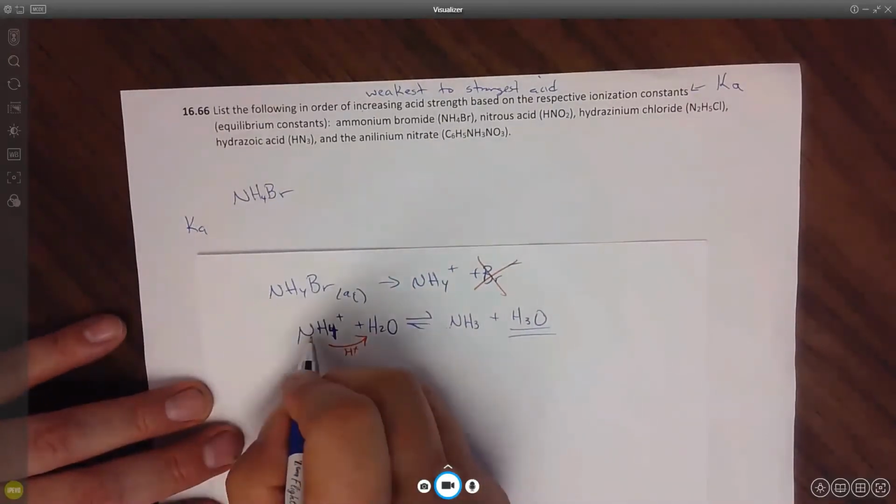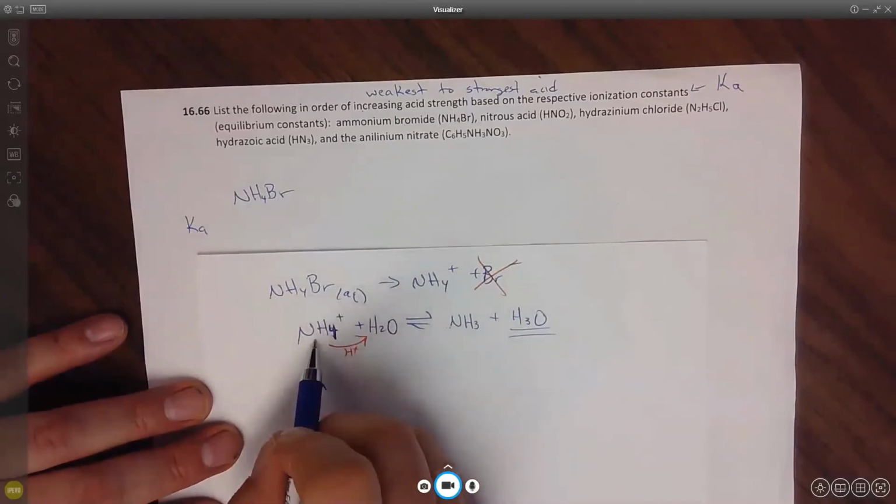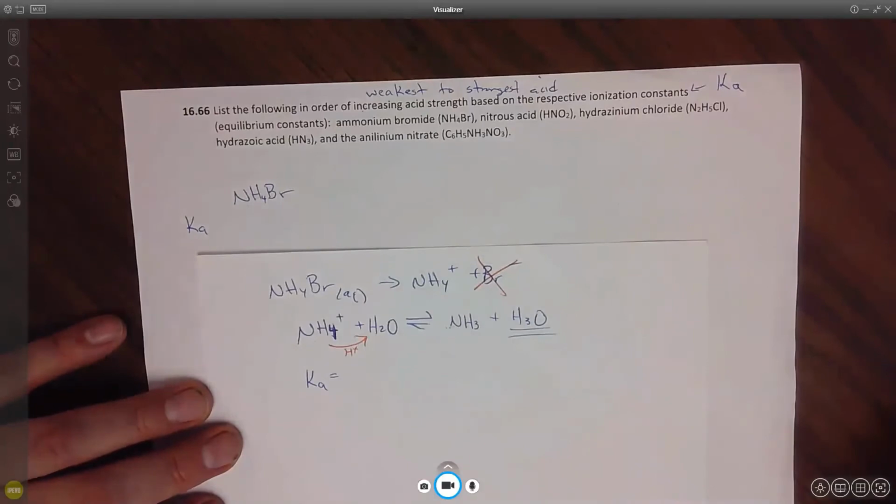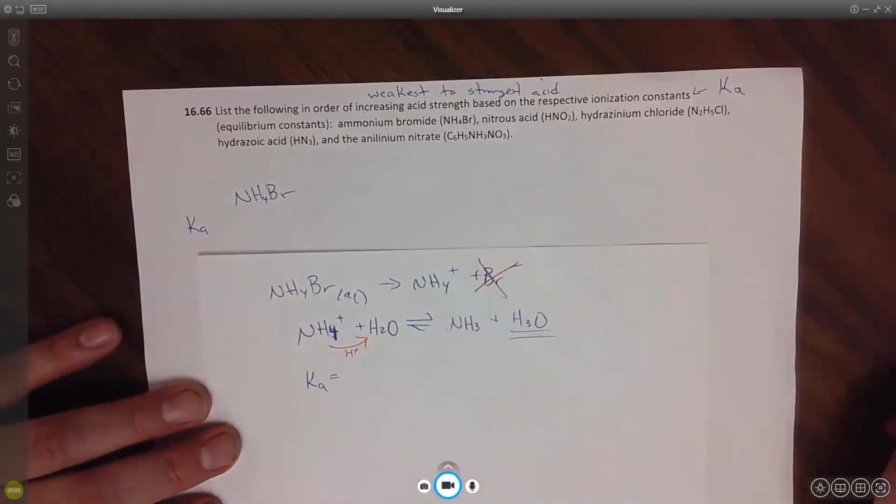So how are we going to determine the Ka? So I need the Ka of NH4. How am I going to get that? In a table, in the list of tables that you gave us. Okay, so specifically, what am I looking up in that table?